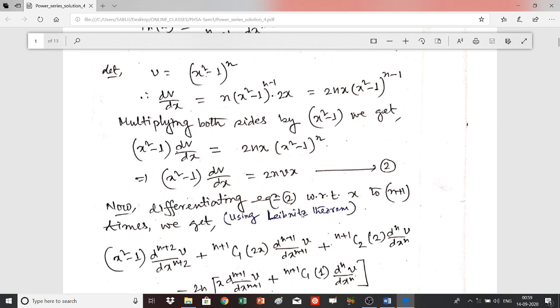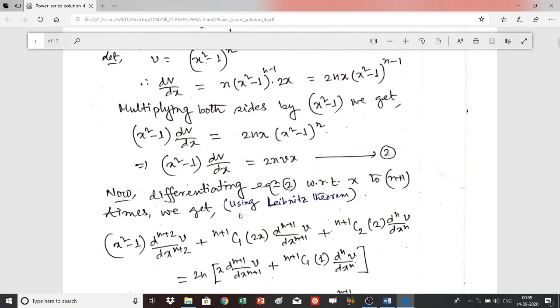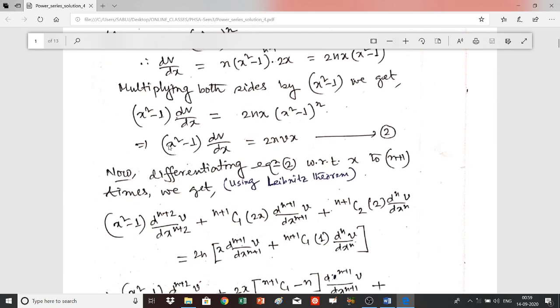The first term is (x square minus 1) and then the differentiation of dv by dx to n plus 1 order, so it turns to d to the power n plus 2.